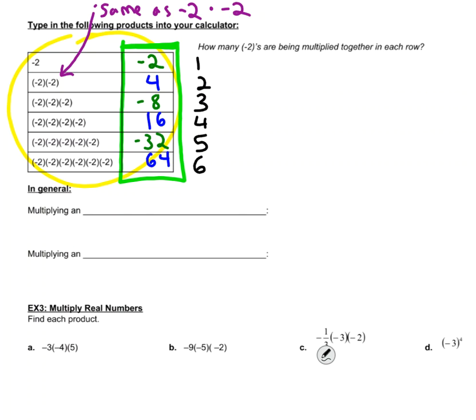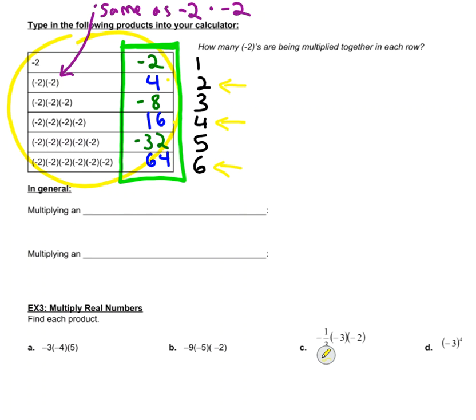Now, let's notice. What patterns do you see? I mean, I see that for all of these even numbers here, 2, 4, and 6, not only are all of these answers blue, but they're all positive. And for all the odd numbers, when we had an odd number of -2's being multiplied together, all of our answers were negative.